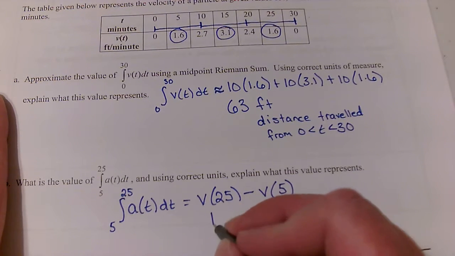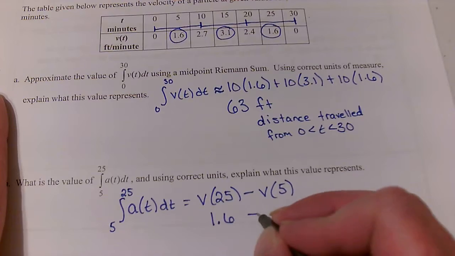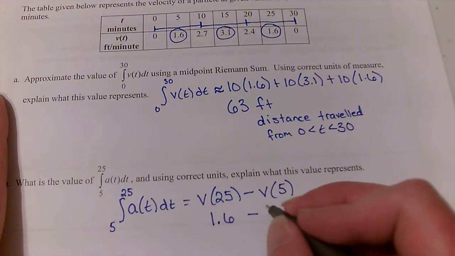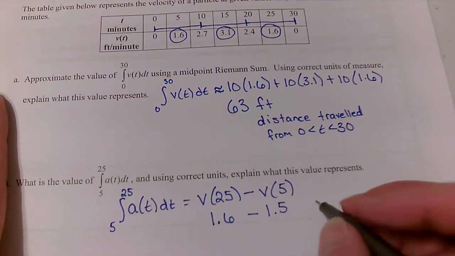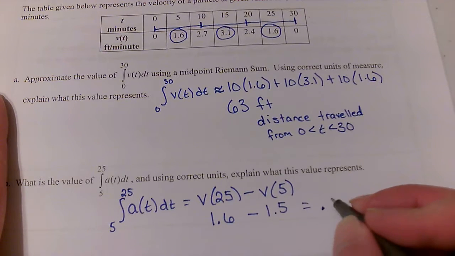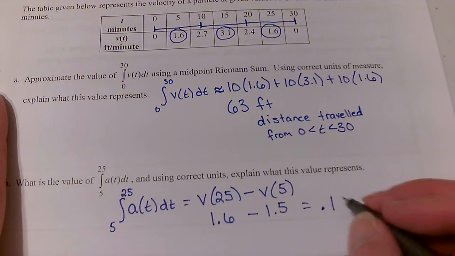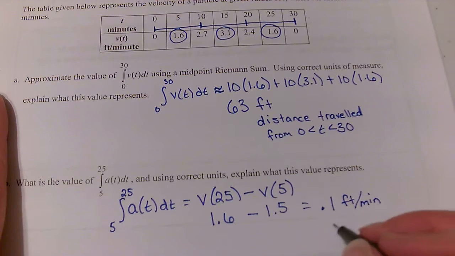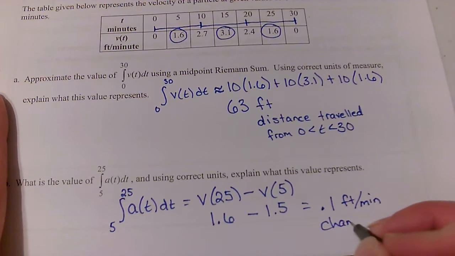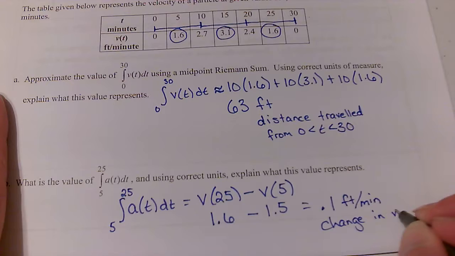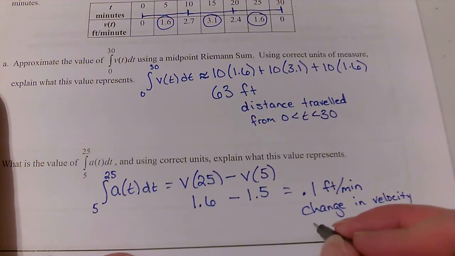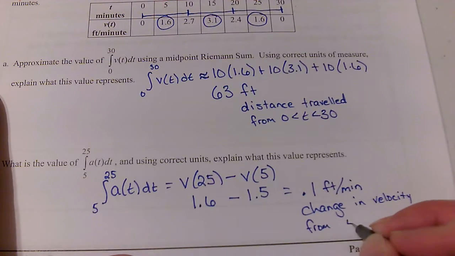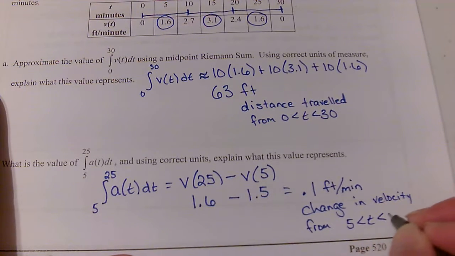So v of 25 would be 1.6 and v of 5 was 1.5. So the overall is 0.1 using correct units. So velocity minus velocity, that's going to give me feet per minute, is the change in velocity from time 5 to 25.